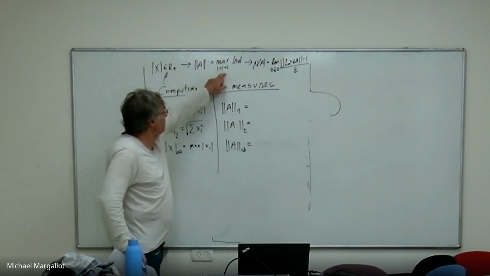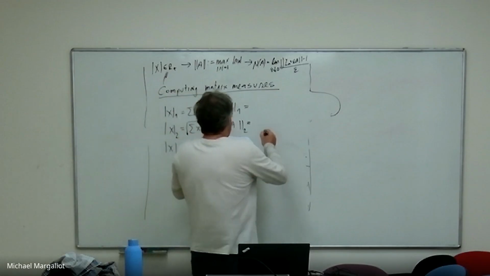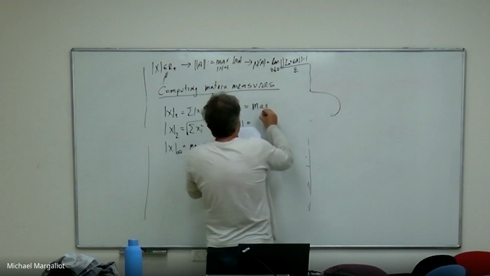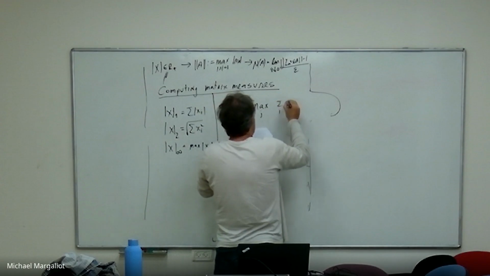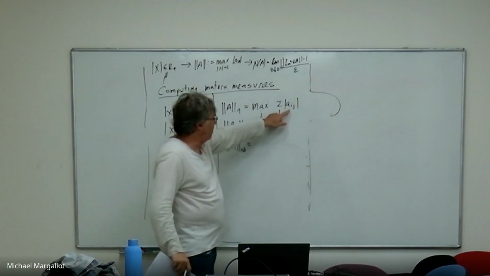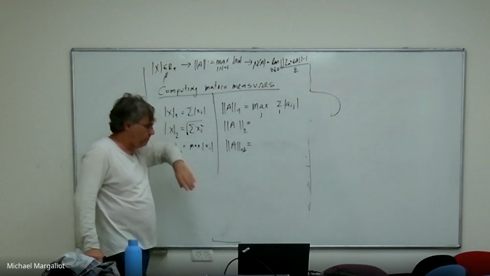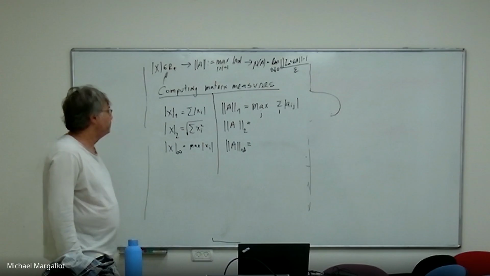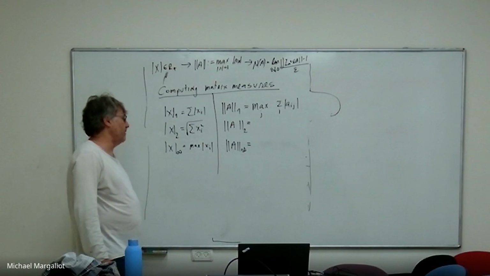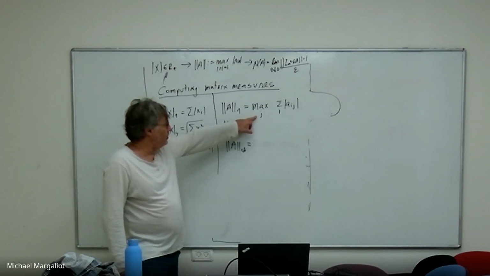This is what's written here. So let me see. This is the maximum over j of the sum over i of |Aij|. So what is this? You sum up all the entries in column j of the matrix, and then you take the maximum over all these column sums.